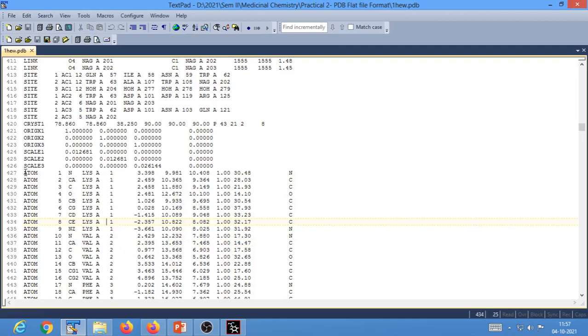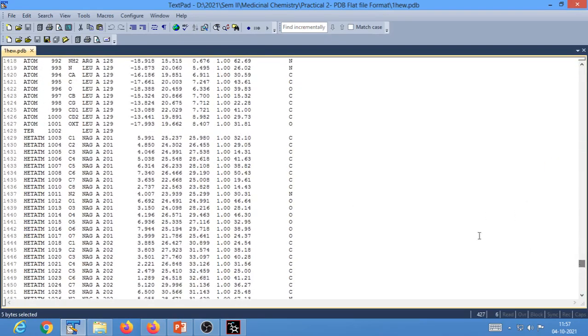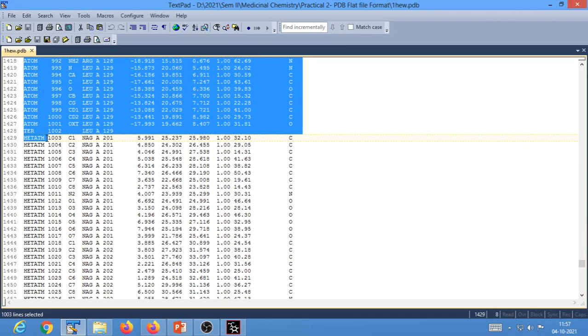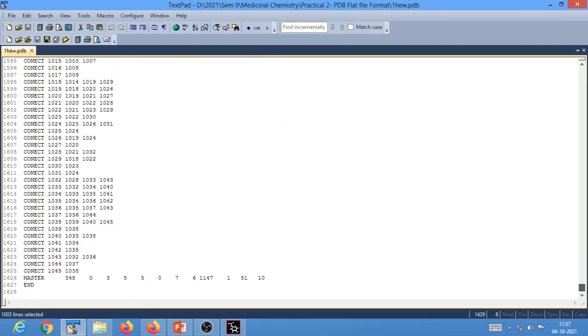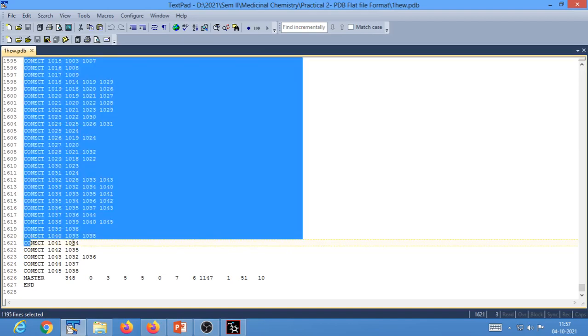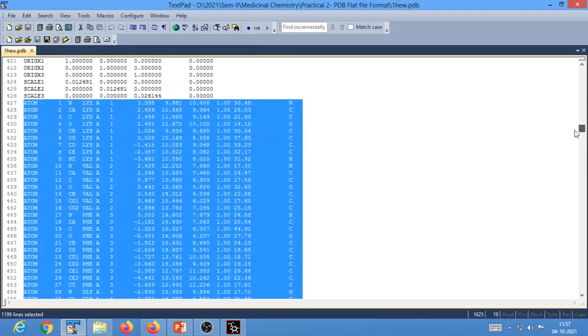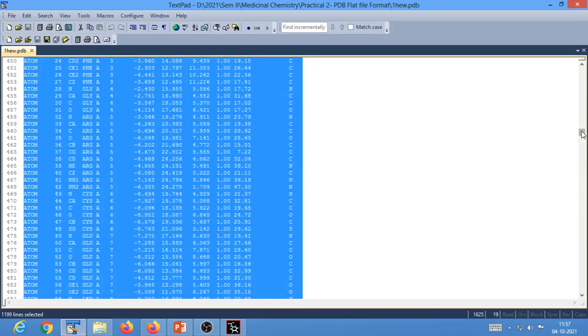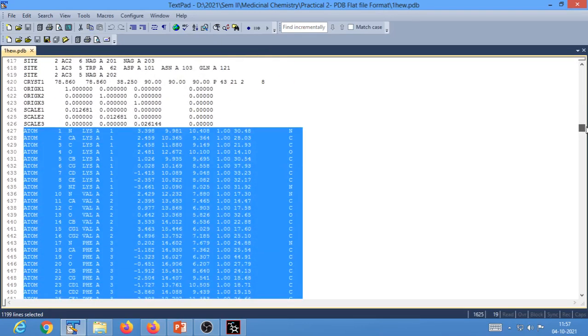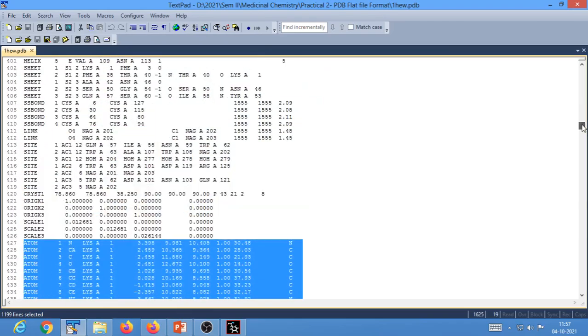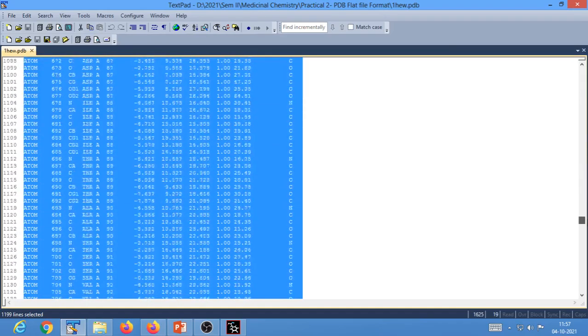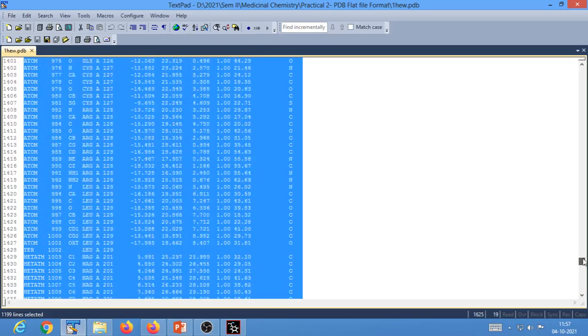All the lines that begin with the ATOM keyword, eventually the lines that begin with HETATM and the CONECT keyword, all of this data is included in your coordinate information, or we can call it coordinate lines. And the majority of your PDB file, or you can say the bulk of your PDB file, is occupied by these coordinate lines.